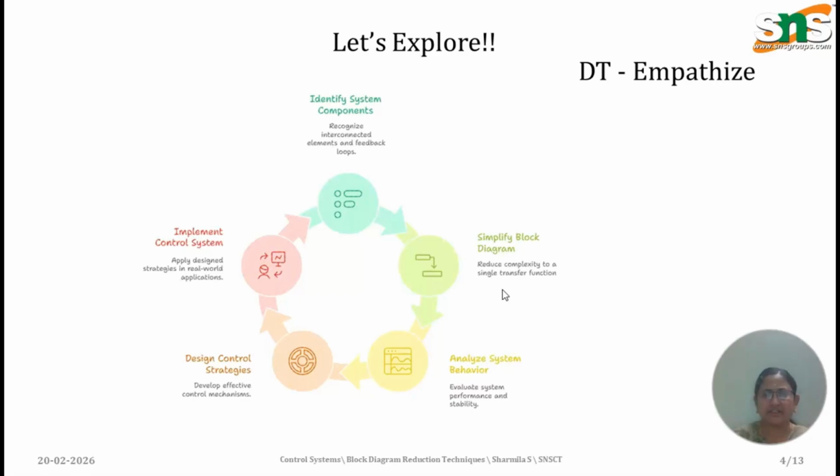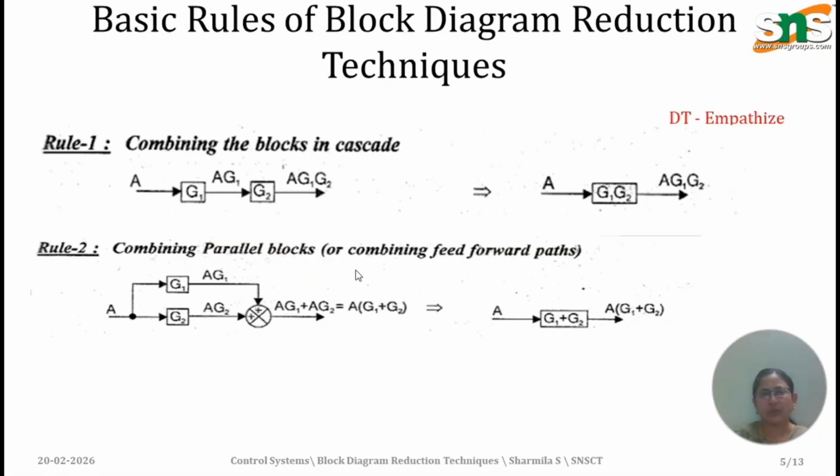Next is to analyze system behavior, that is, evaluate system performance and stability, and design control strategies, developing effective control mechanisms, and implement the control system by applying the designed strategies in real world applications. This is one cycle of the design thinking empathize part of control systems using block diagram reduction and real world applications. So now let's explore the basic rules of block diagram reduction techniques.